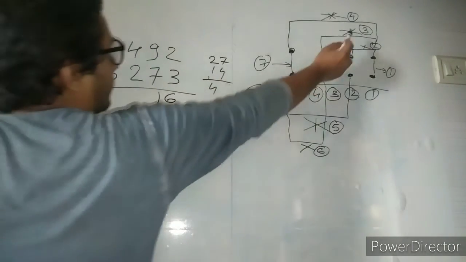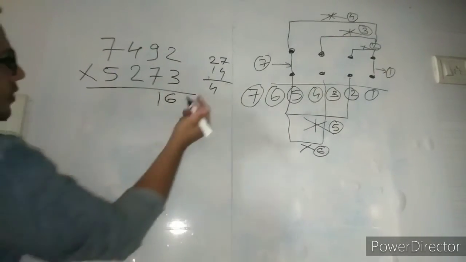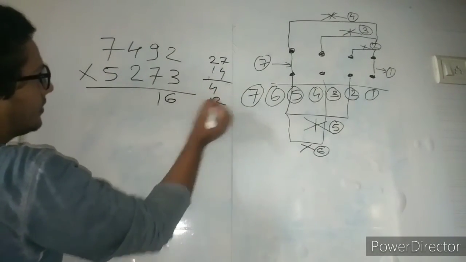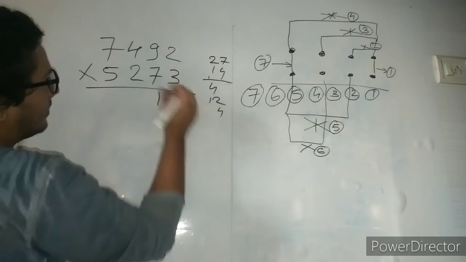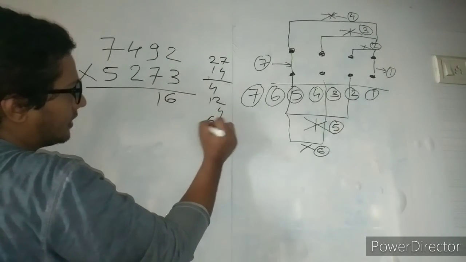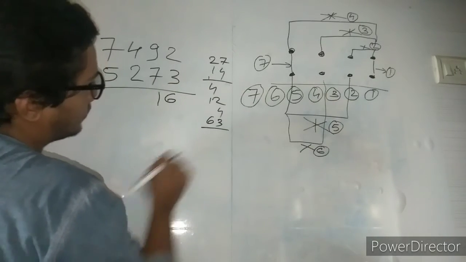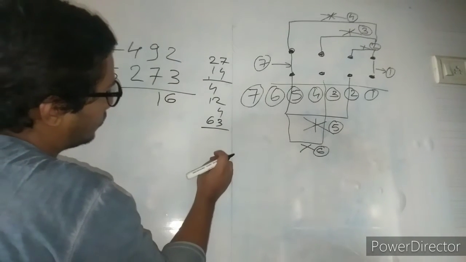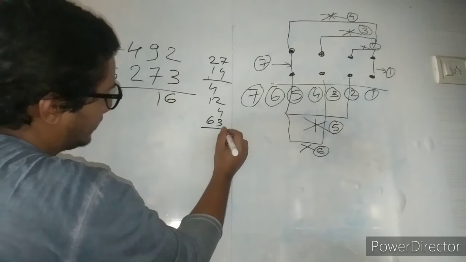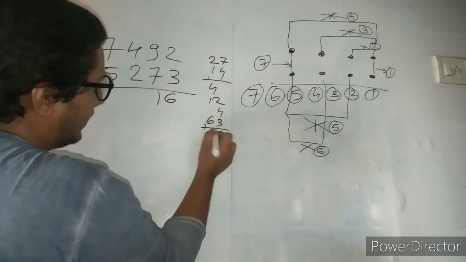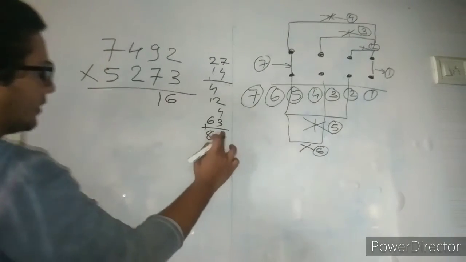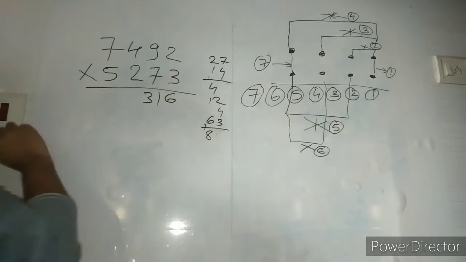Third step here, cross multiplication, 4 3s are 12, 2 2s are 4, and 9 7s are 63. So 4 plus 4 is 8, plus 2 is 10, plus 3 is 13, plus 1 is 14, 1 plus 8, 83. So 3 here, 8 carry forward to the next step.